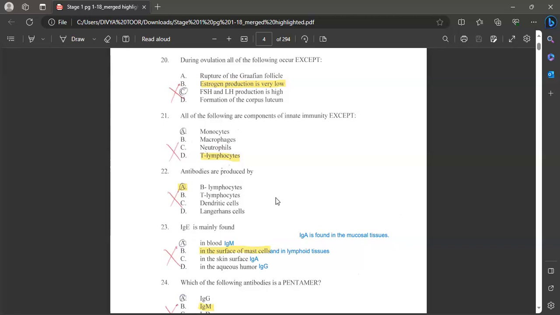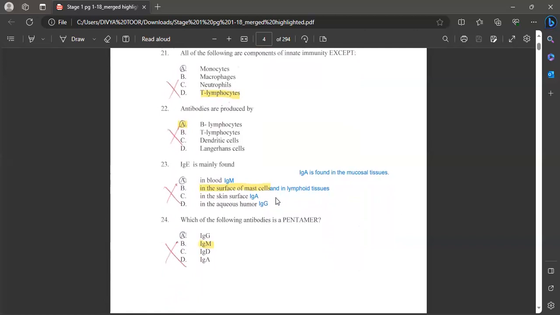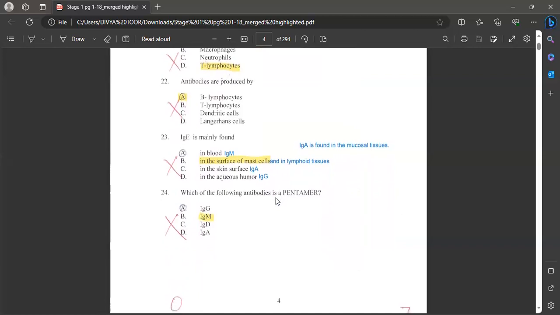It should be B lymphocytes, right? Okay, IgE is mainly found on the surface of mast cells. Yes, that's true, allergic reactions.